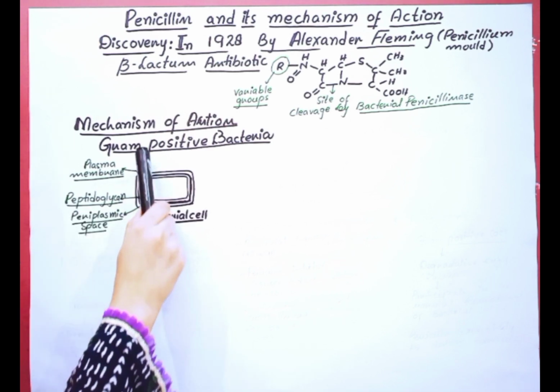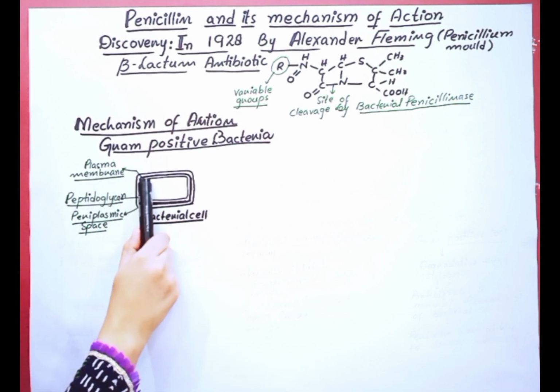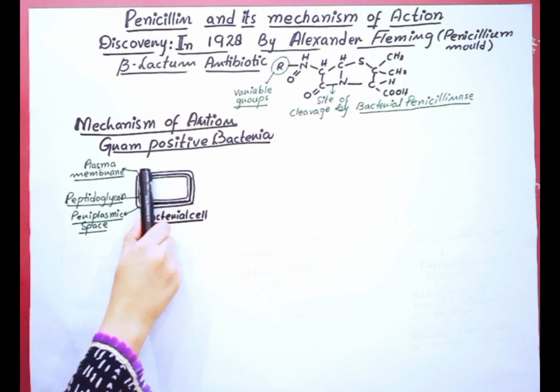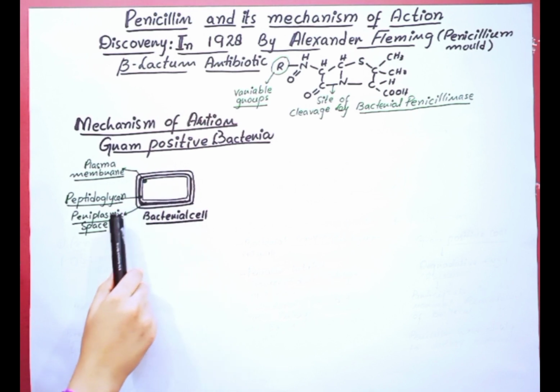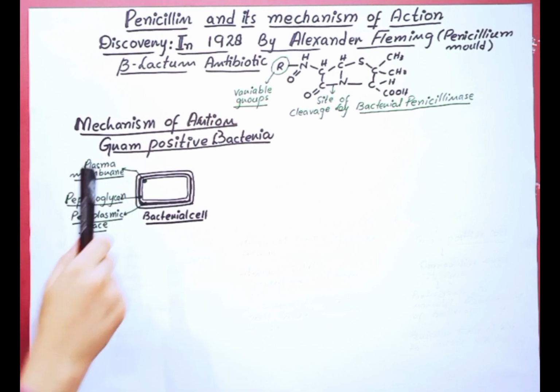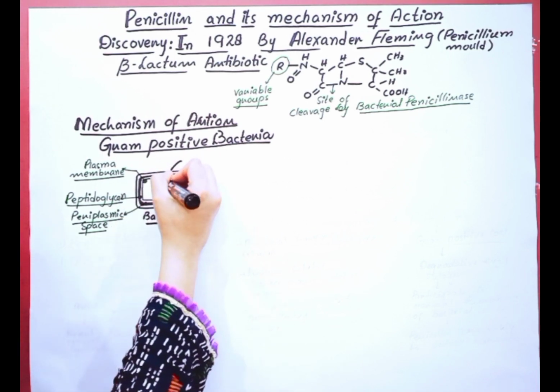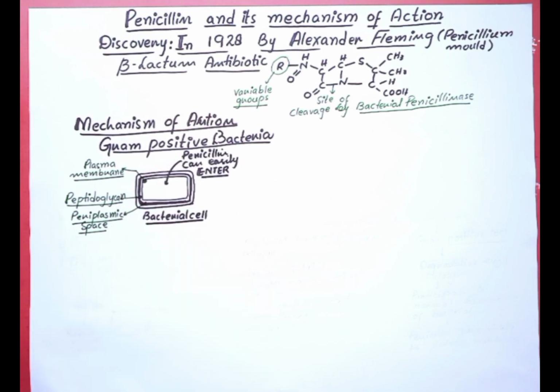In this gram-positive bacteria structure, you can see this is the plasma membrane, the inner one. The middle layer is the periplasmic space and the outer one is peptidoglycan. In case of gram-positive bacteria, penicillin can easily enter into the bacterial cell, because penicillin molecules are small enough to pass through the spaces of the glycoprotein in the cell wall.